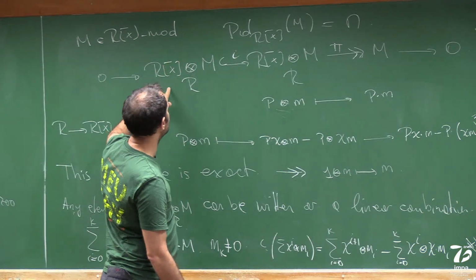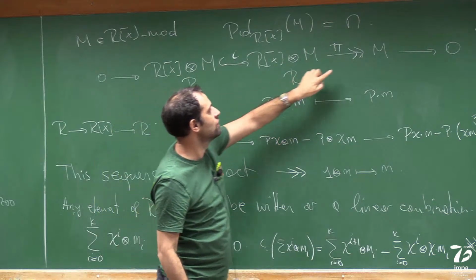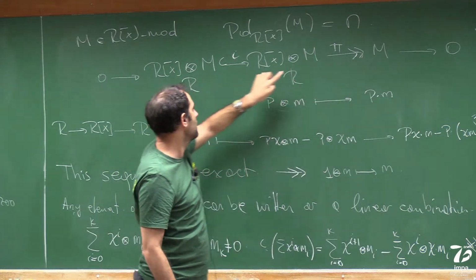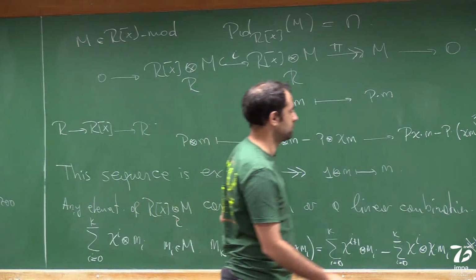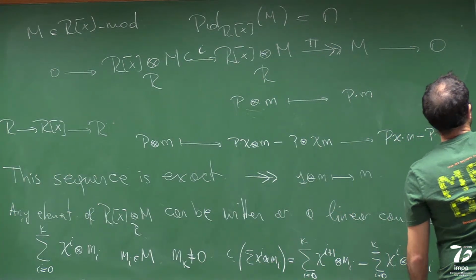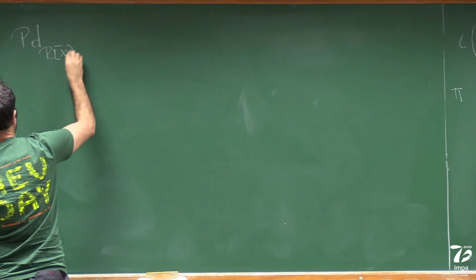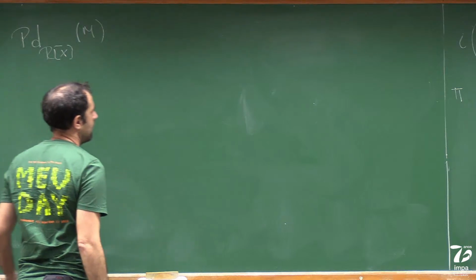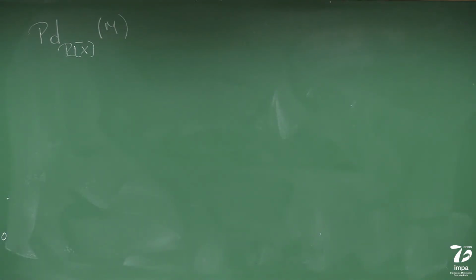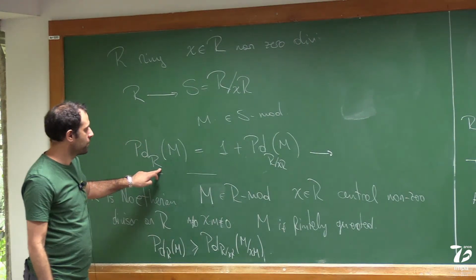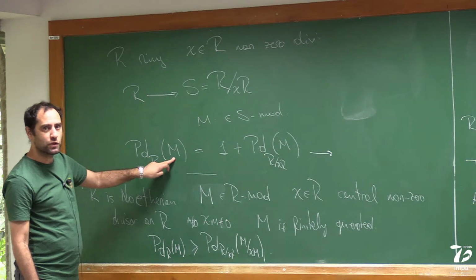This M was an R of X module, and I have this short exact sequence. This says that the projective dimension of this guy is one more than the projective dimension of this guy. Remember what we got is that the projective dimension over R of X of M, in this theorem, we're looking at this M as an R of X module.